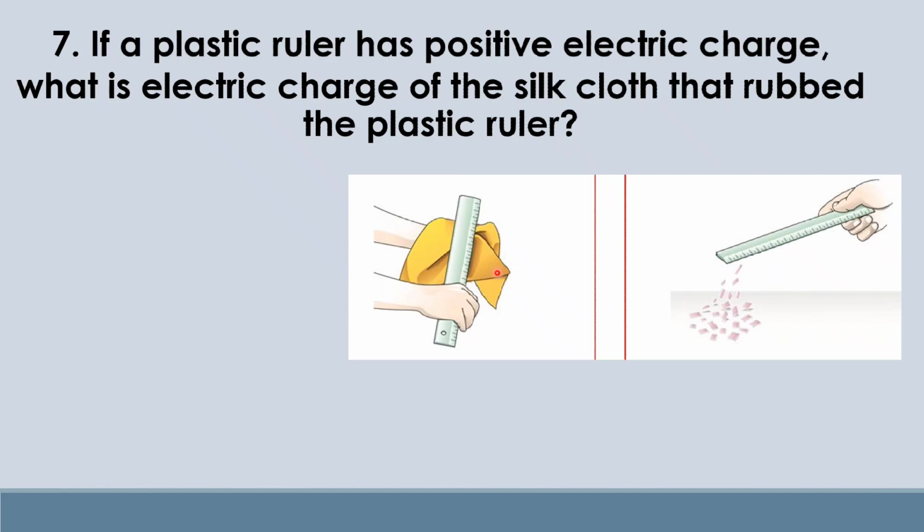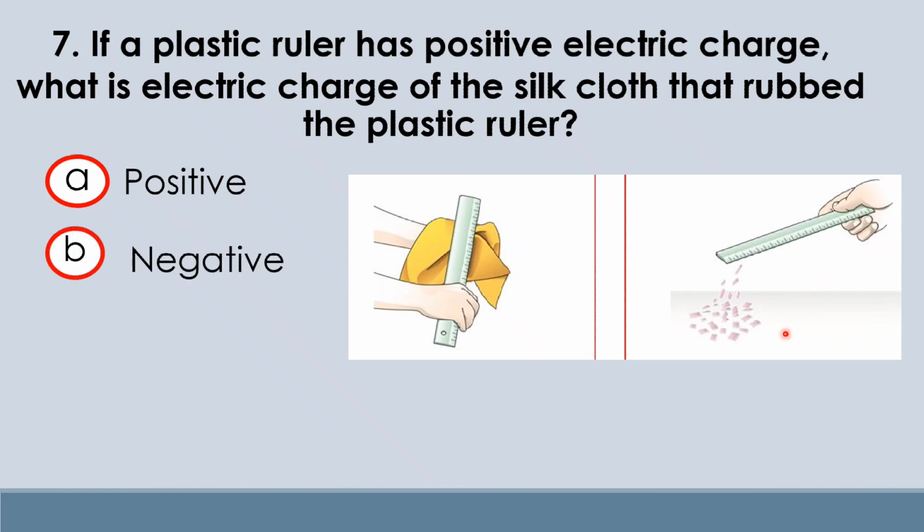That's why if you have the ruler wrapped in the silk cloth and this is the paper, it will attract. So why? What do you think is the charge of the silk cloth? Letter A, is it a positive charge? Letter B, negative charge.